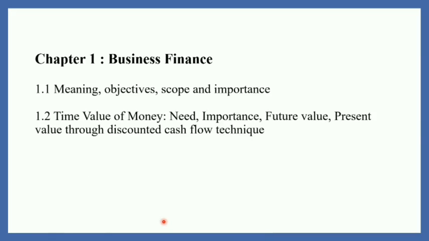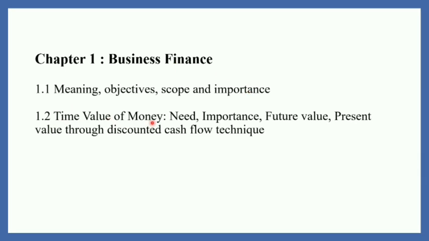Now let us see the syllabus. In the syllabus, your first chapter is business finance. In business finance, we will see its meaning, objectives, scope and importance: the meaning, why the objectives of business finance, its scope, and why we need business finance. The next point is time value of money.